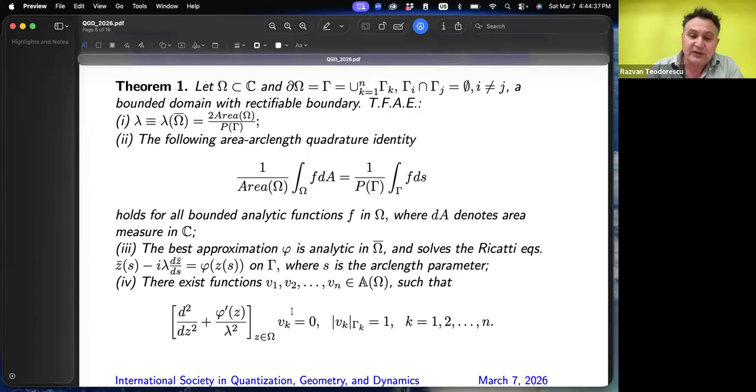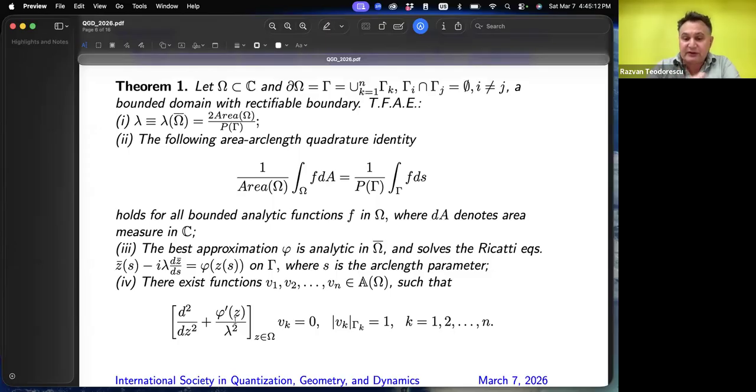And that again has to be satisfied by every one of these functions v1, ..., vn, every one of them associated with one of the boundary components on which they have constant modulus 1. The equation itself being pretty much the canonical form, and for every one of these functions, that scalar term in the differential operator being proportional to the derivative of the best approximant phi prime.